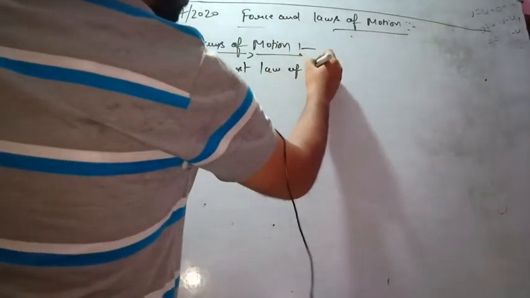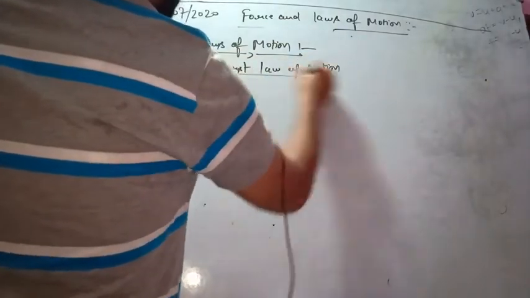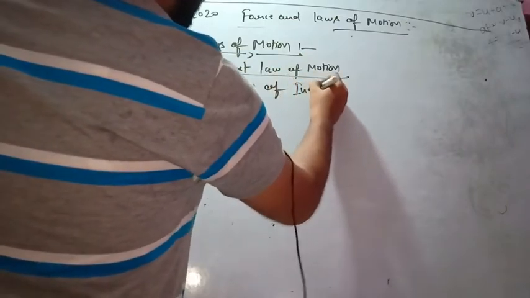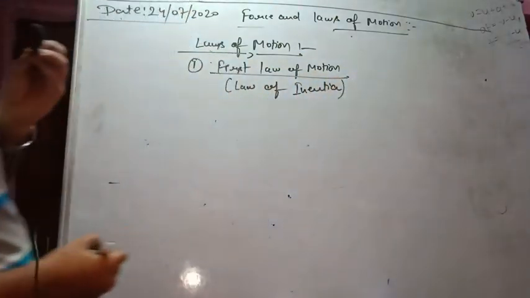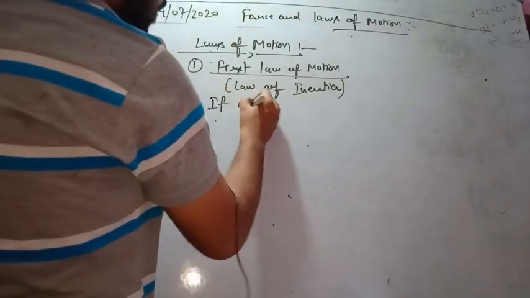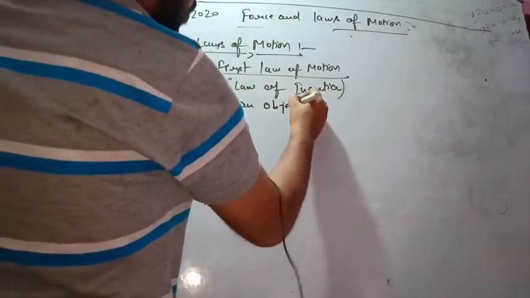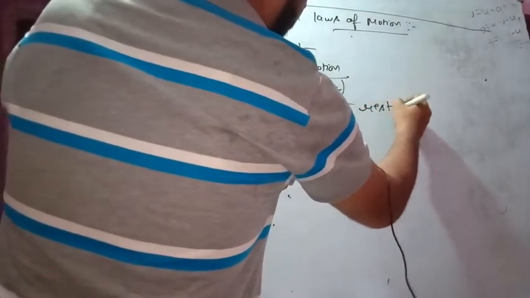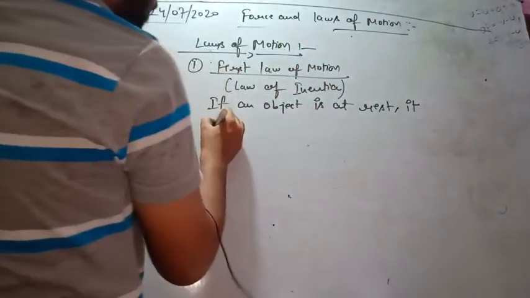This law of motion is also known as the law of inertia. The first law of motion says, if an object is at rest, it will remain at rest.